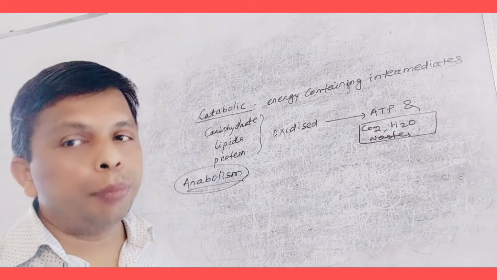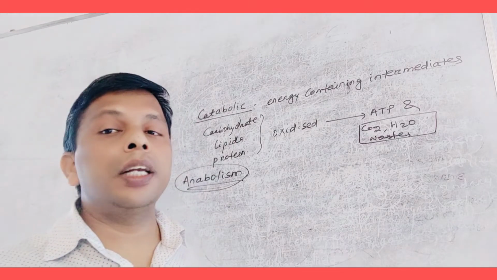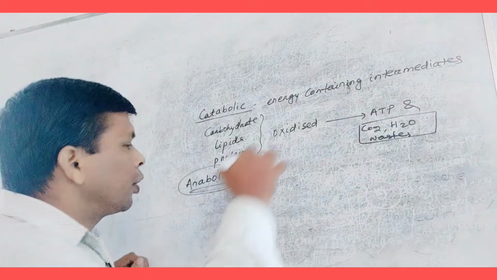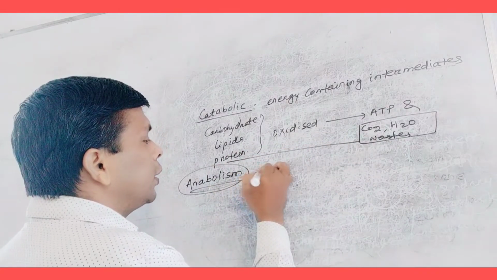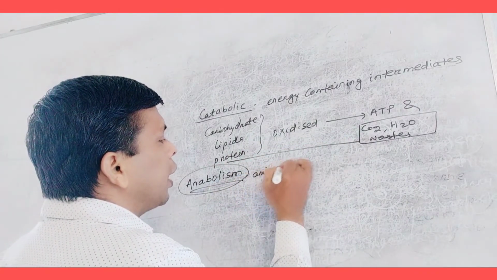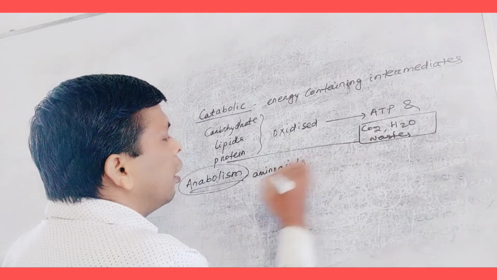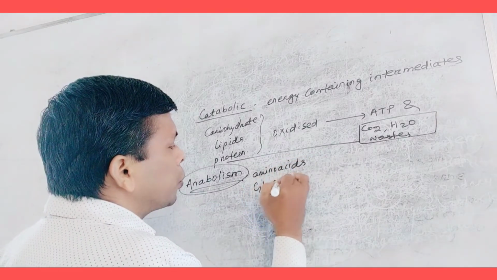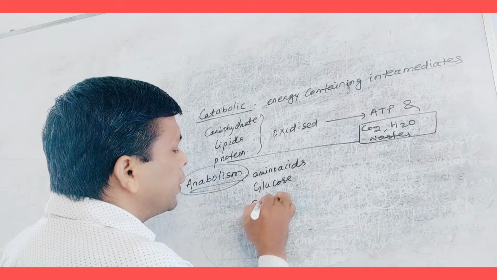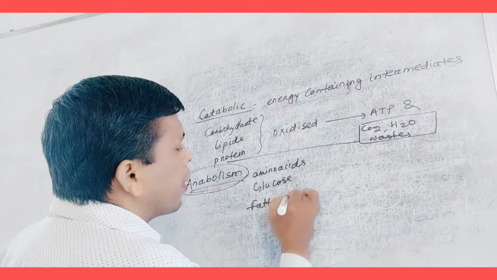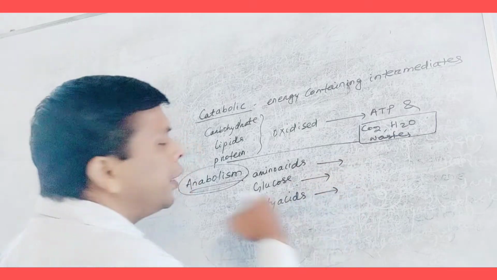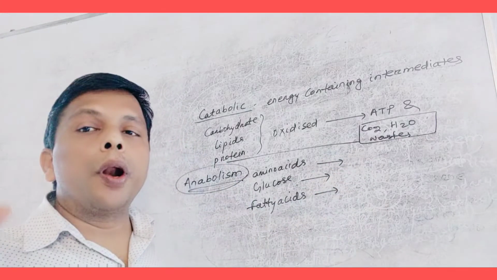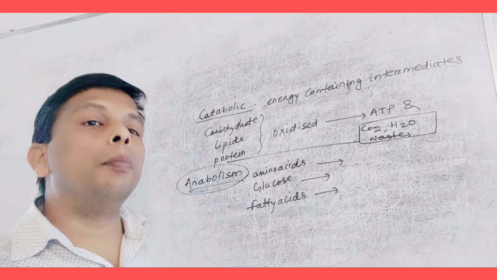These are basic precursors. In the basic design, we will discuss the common precursor, but here the precursors such as amino acids, glucose, then fatty acids, these precursors combine with each other to produce new compounds.